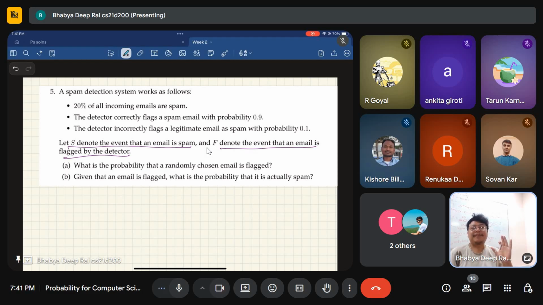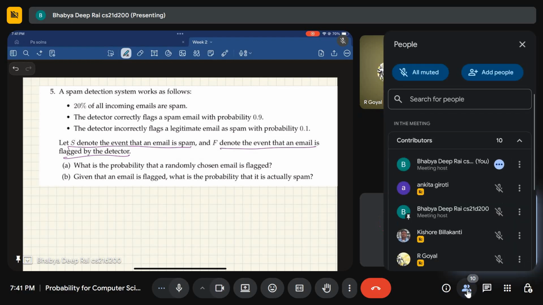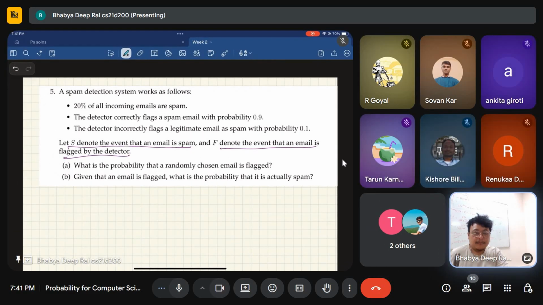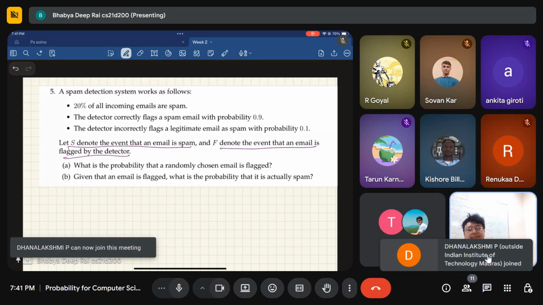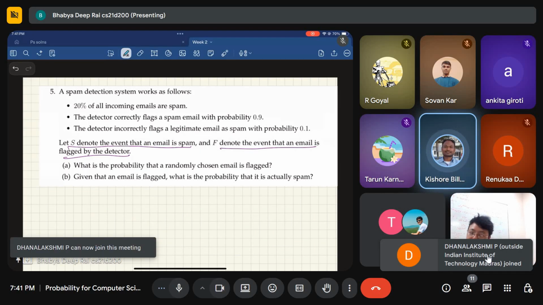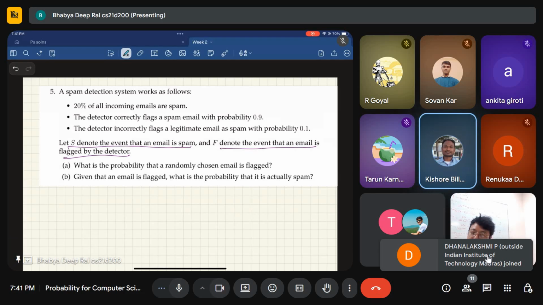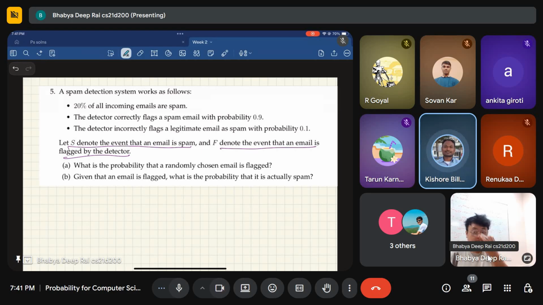So first tell me, before we even begin, what is the sample space here? What is the sample space? I think the sample space can be taken as 100%, say 100 emails, out of which 20 emails are spam.